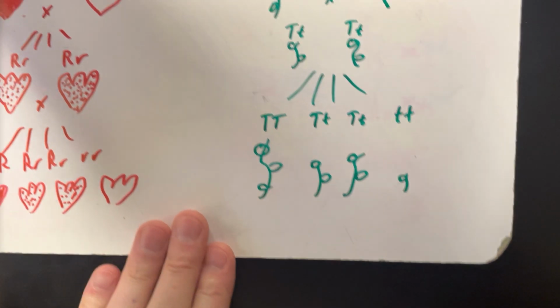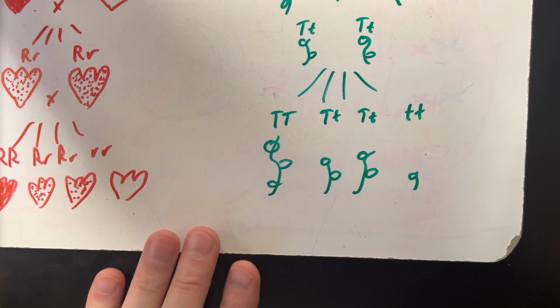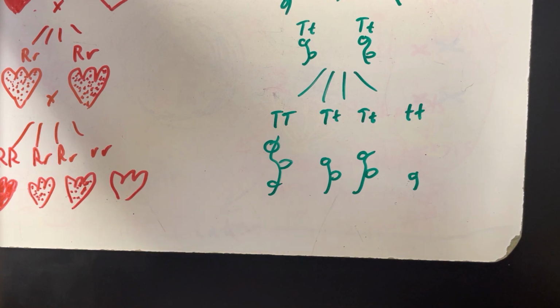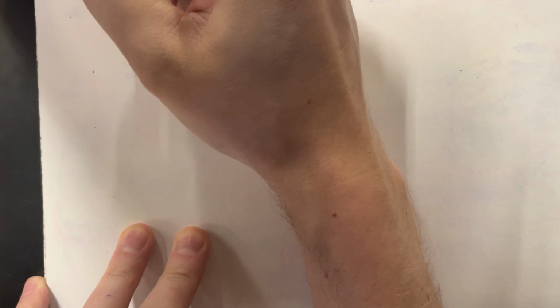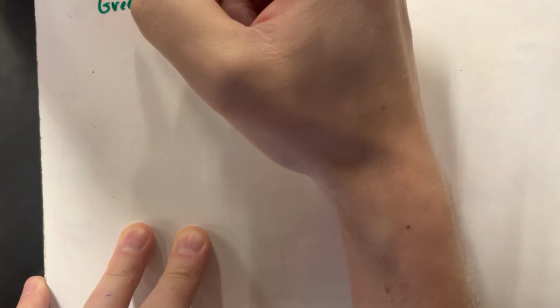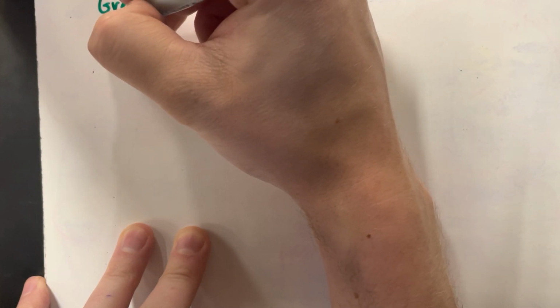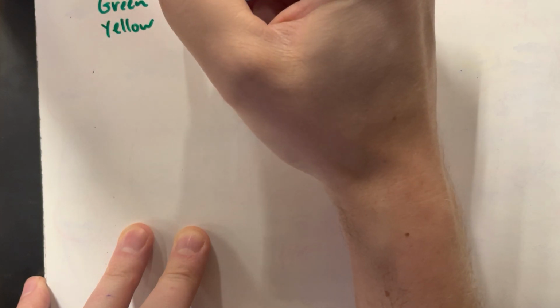Okay, next up, we're gonna look at the color of the peas. So there's two traits on peas. You can have the actual pea itself be green, which we'll do with big G, or yellow, which is little g, right?